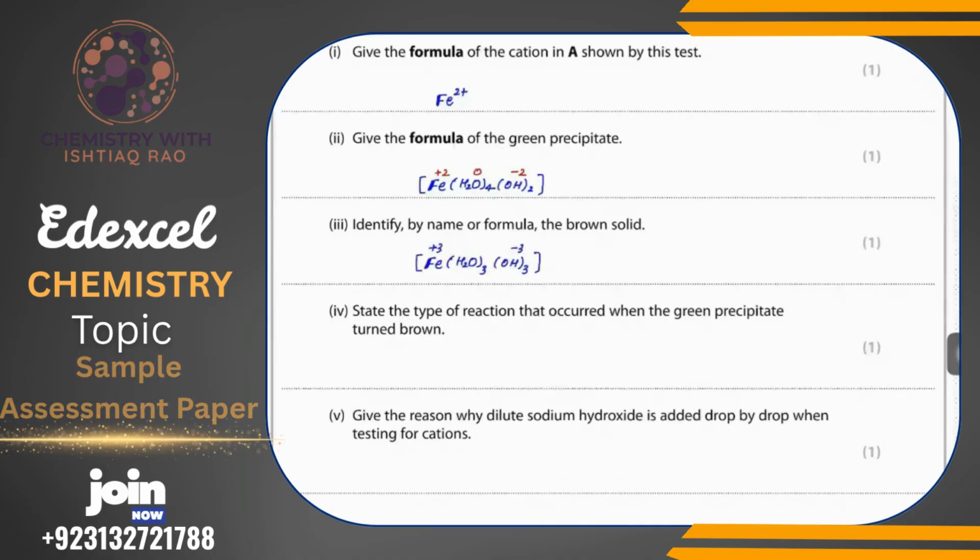Is it correct? This is -3 and this is +3. Again, there should not be any charge. Iron is +3 because this is the brown solid, so that's why we have written (OH)3. And the total coordination number is 6.